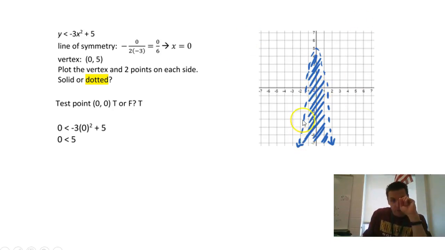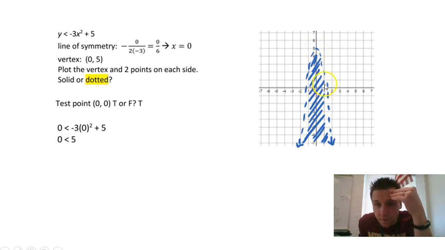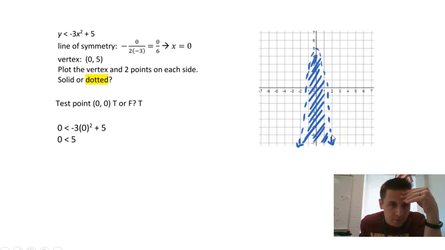So we have this parabola here. There's our vertex, (0, 5), and then we pick 2 points to plug in. So I can plug in like 1. I think we get out 2. You can reflect that. Then we can plug in maybe 2, get a number out. What would come out there? 4, negative 12, negative 7, something like that. Let's say negative 7.